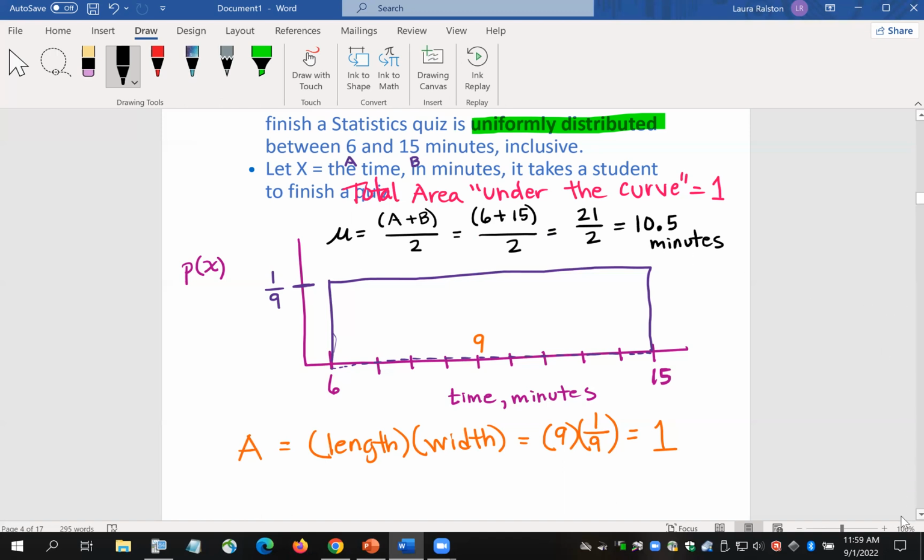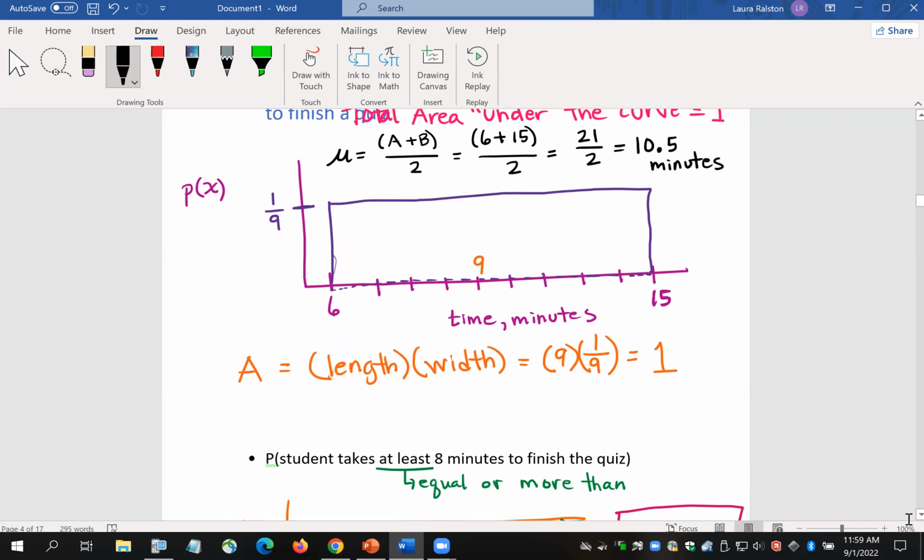Then we can calculate the standard deviation. Okay, the standard deviation, and this is the standard formula, is the square root of (B minus A) squared divided by 12. And it's always by 12. Again, please do not overthink it. This is a straight, flat out plug and chug.